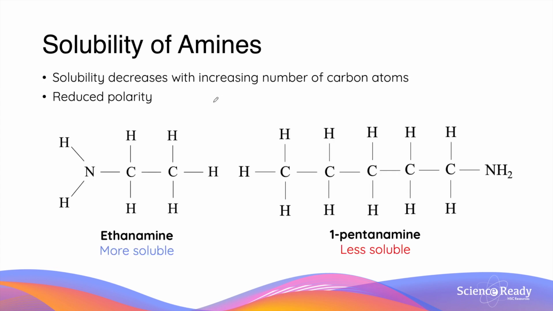It is good to remind ourselves that small amines are soluble in water, and their solubilities decrease with increasing number of carbon atoms. This is because as the number of carbon atoms increases, the molecule becomes less polar. For example, 1-pentanamine is less soluble than ethanamine because it has more carbon atoms and has a reduced polarity.